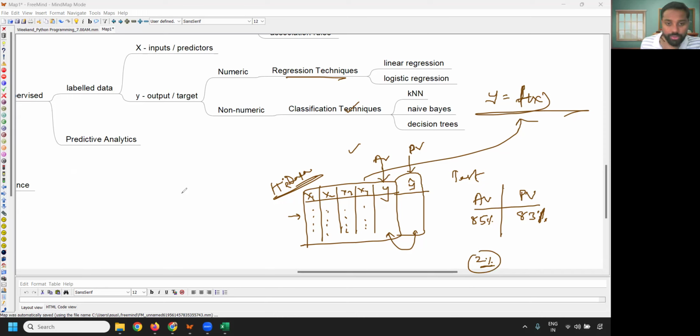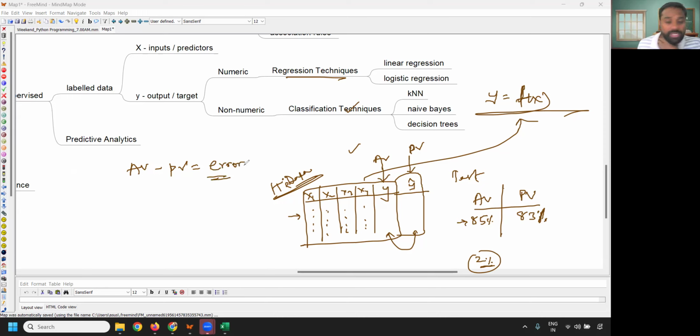I can simply do the actual value minus predicted value. Mathematical computation. Subtraction is what I'm doing. This will tell me how wrong I was in predicting this student's marks, right? So this is the metric.